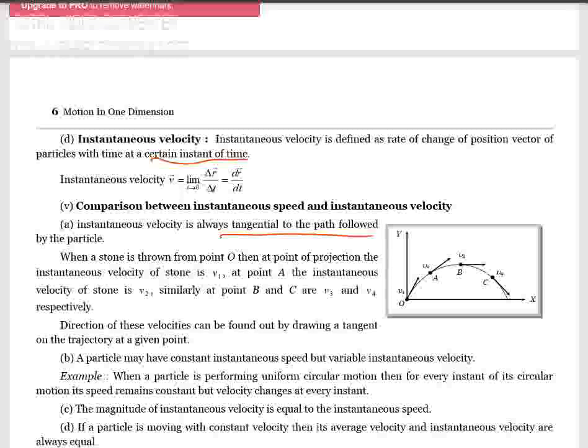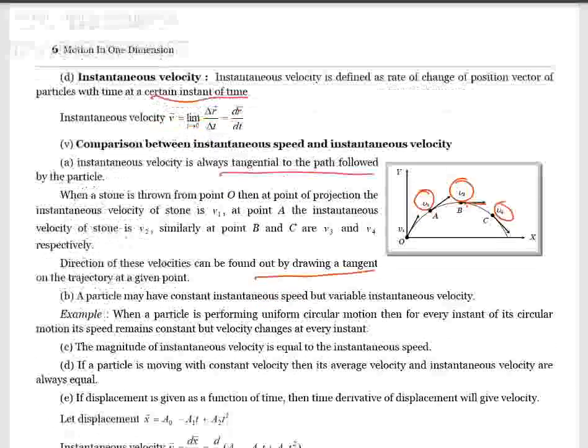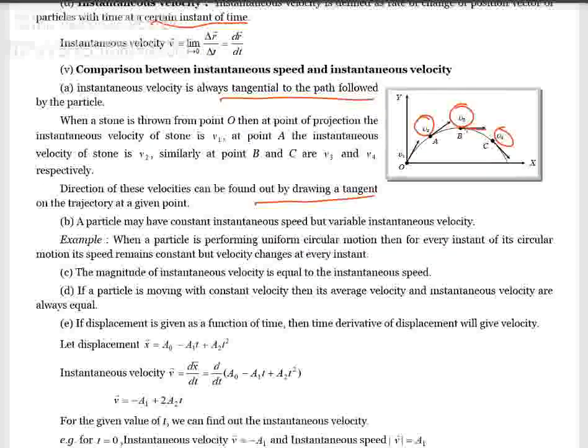For a thrown stone, you can see from this diagram that these are the instantaneous speeds, but the direction of velocity is found by drawing the tangent line to the curve.